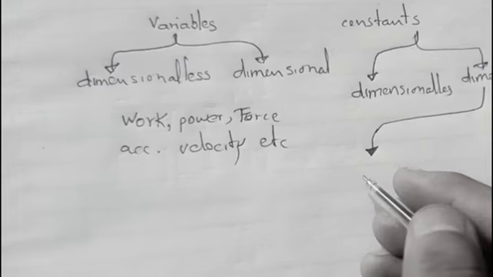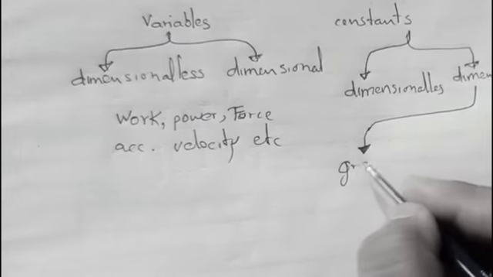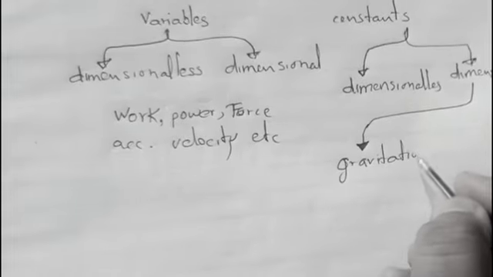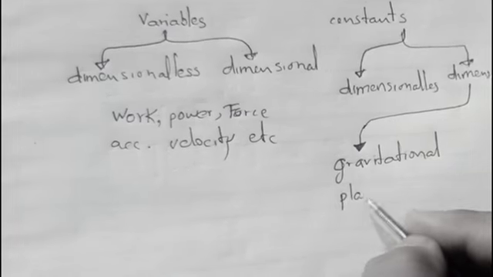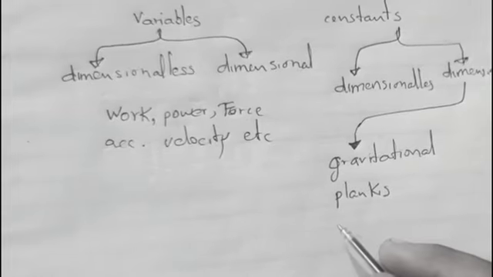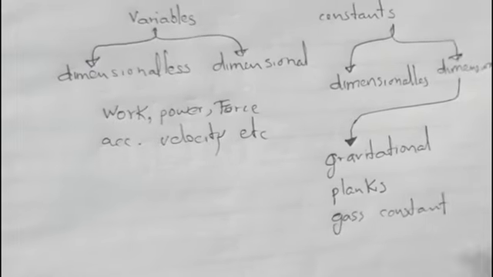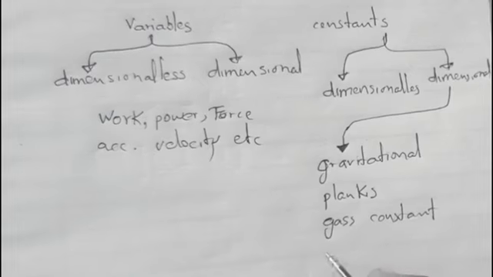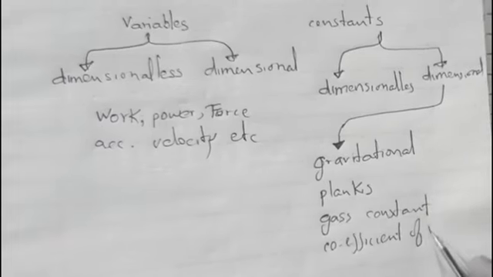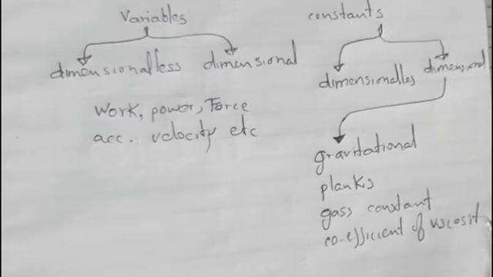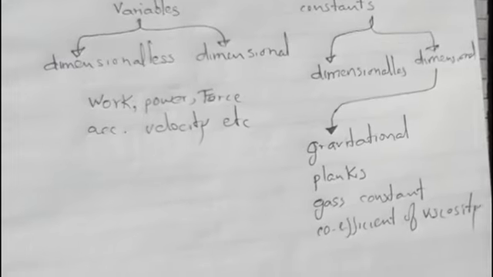There are so many dimensional constants like the gravitational constant, Planck's constant, gas constant, coefficient of viscosity, etc. All are dimensional constants.